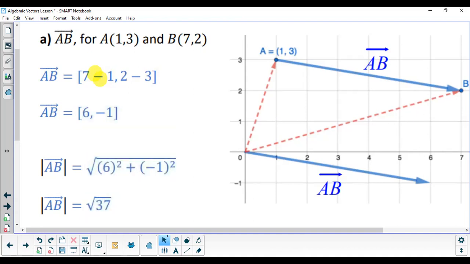So I'm going to include these in the notes. It's just illustrating that last formula, taking the x coordinate of the tip minus the x coordinate of the tail, the y coordinate of the tip, and subtracting the y coordinate of the tail.